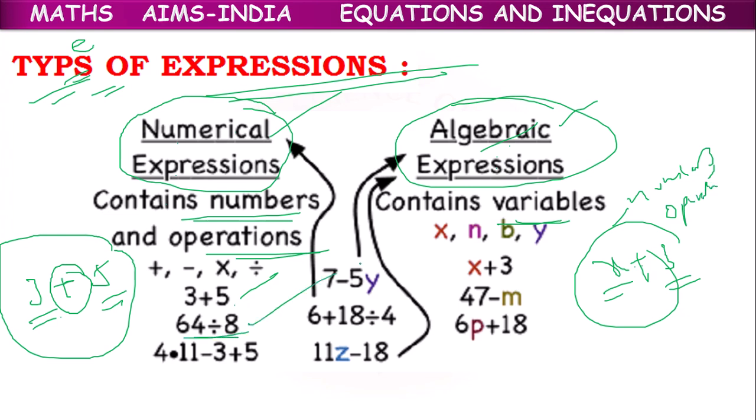So 64 divided by 8, numerical expression. 4.11, the dot stands for into, 4 into 11 minus 3 plus 5, it's a numerical expression.